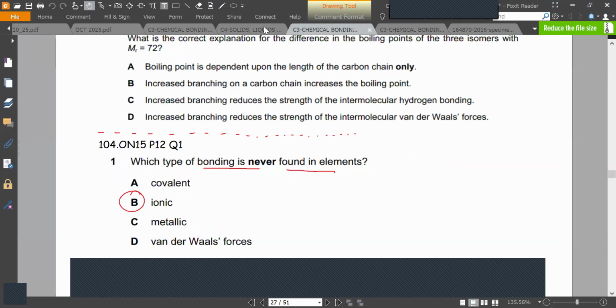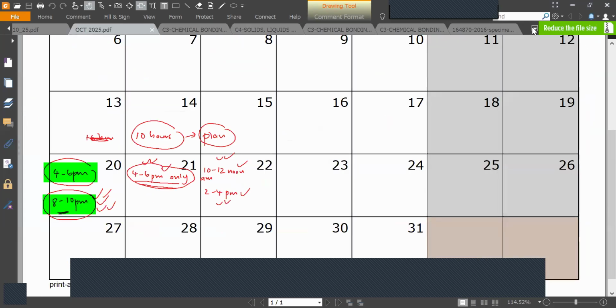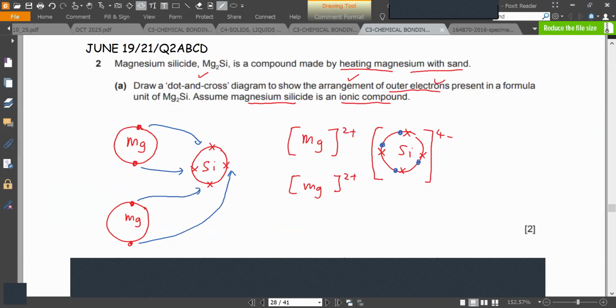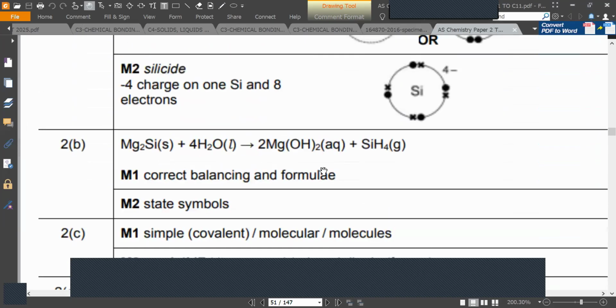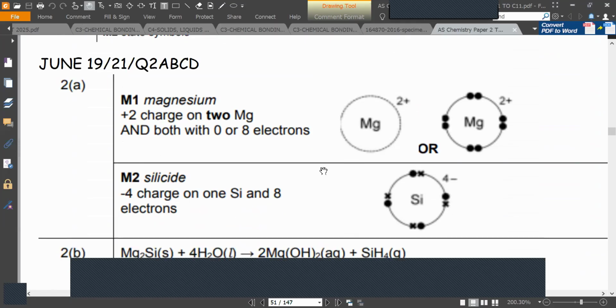Let me check the answer just in case. Okay, so this is what we need to answer: Mg 2 plus and then silicon like this.